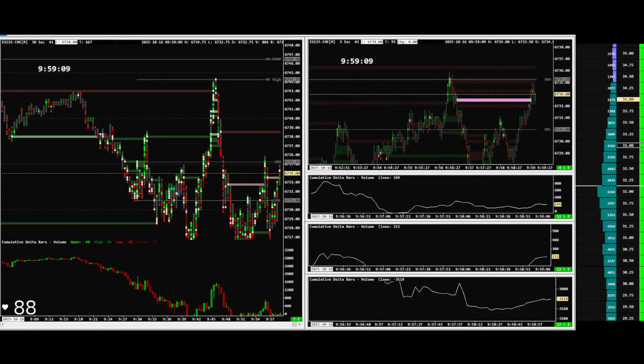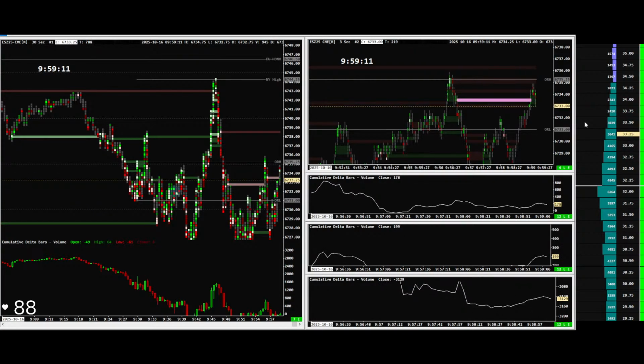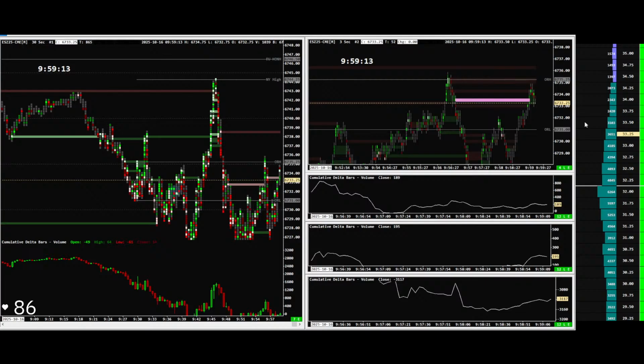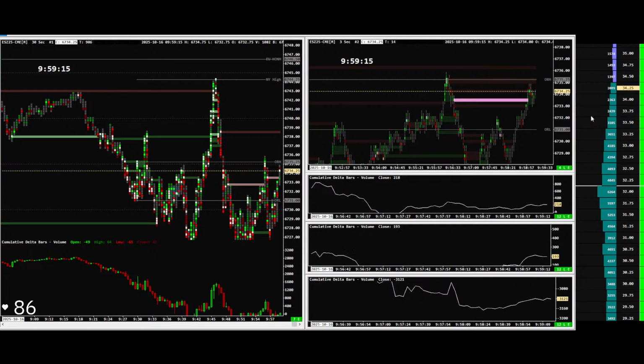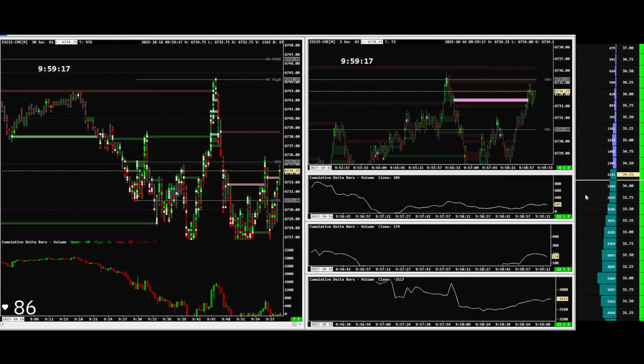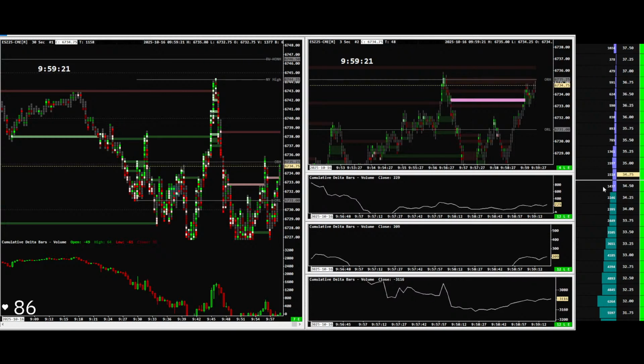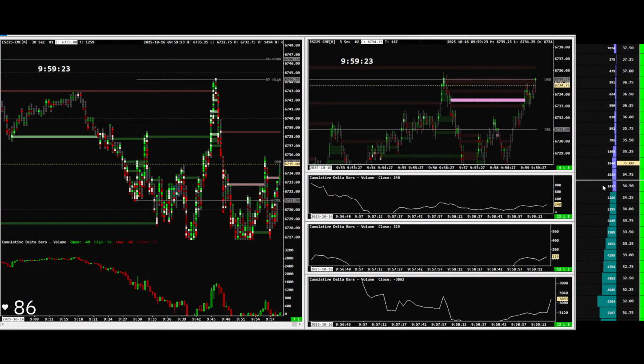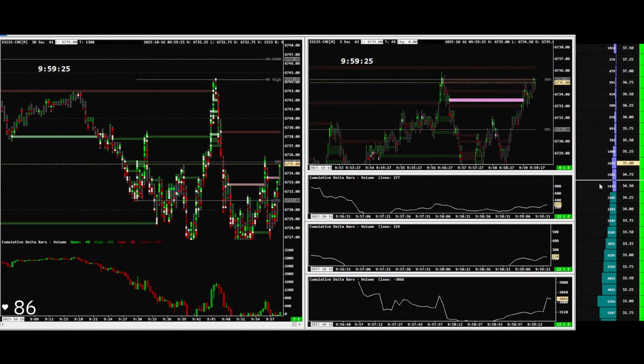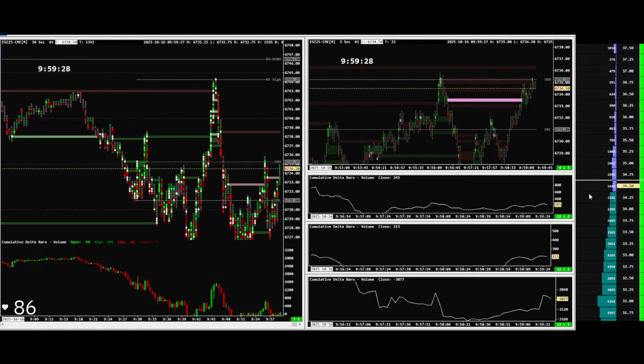Got a long. I don't know if that really fixed how badly I got trapped on the other end. Yeah, we lost 1,600, made 1,000 of it back. It's okay though. Sometimes it'll flip out the other way.